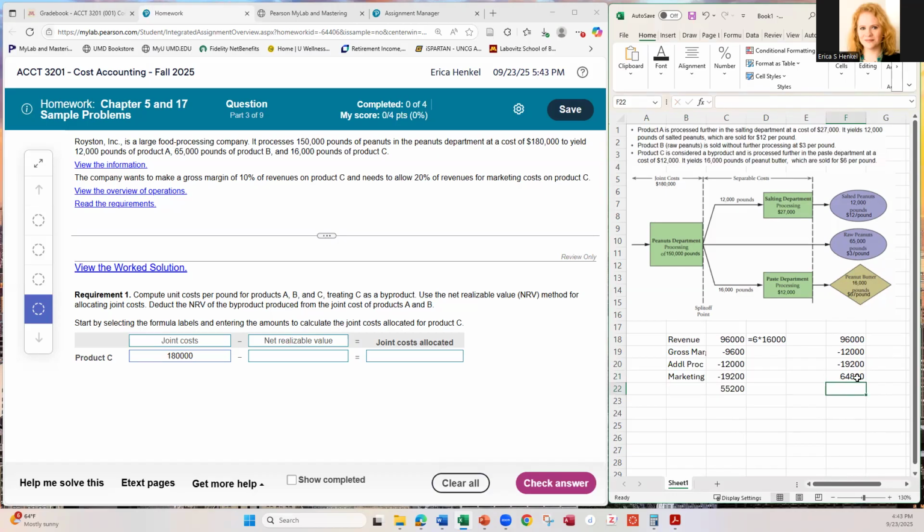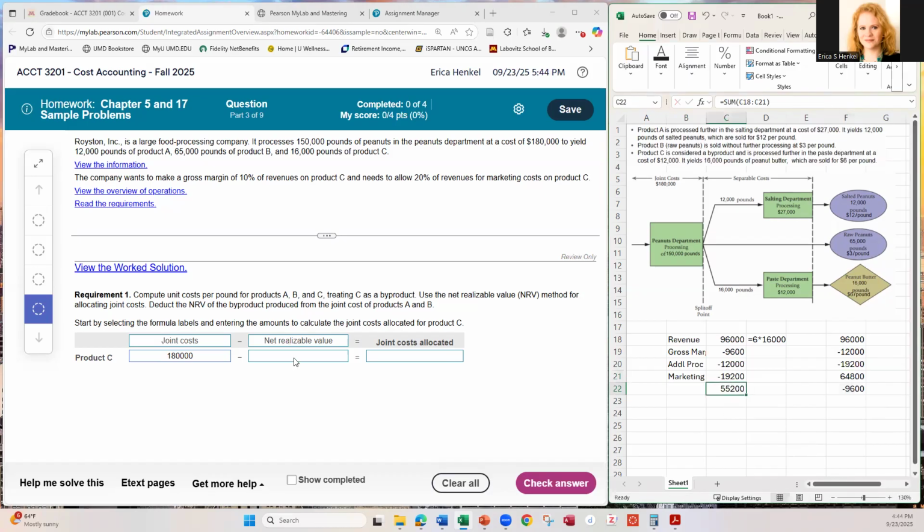But we don't want to allocate all of that, since we're going to want a 10% gross margin. So we can't allocate 64,800. We're going to subtract the $9,600 we want to make sure we end up with. That gets us to the same 55,200.